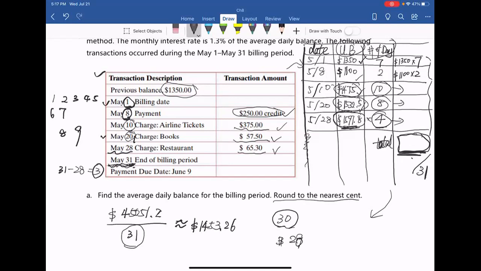If the question is in June, they have 30 days. So February, 28 days. You divide it, but the number should be changed.